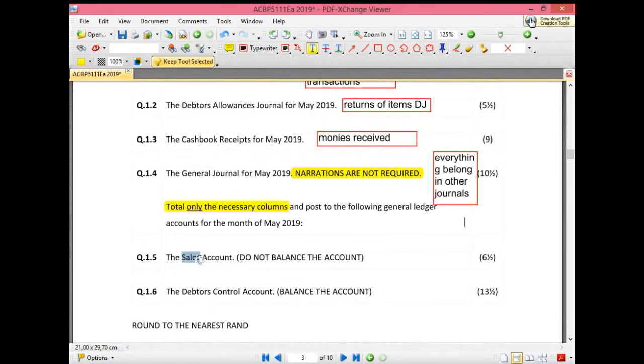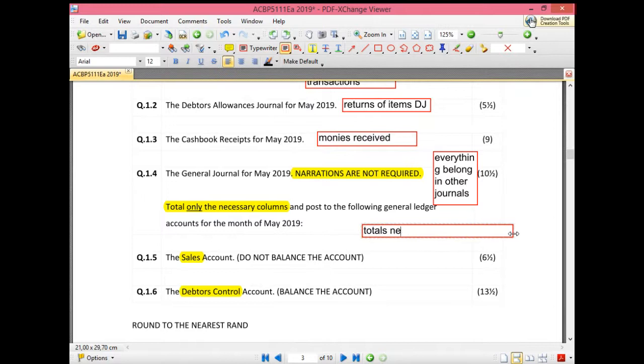The first one is the sales account, so any sales columns will have to be totaled, and the debtors control account. So the totals we need are sales and debtors control. That means we don't have to total any of the other columns in this question.